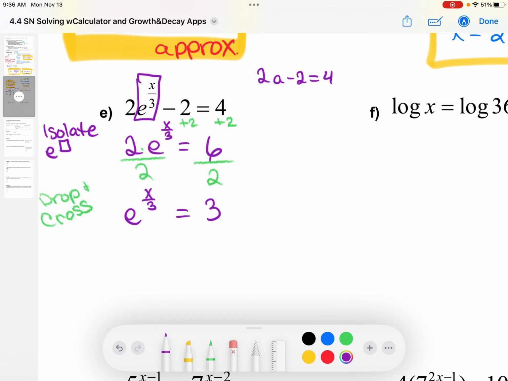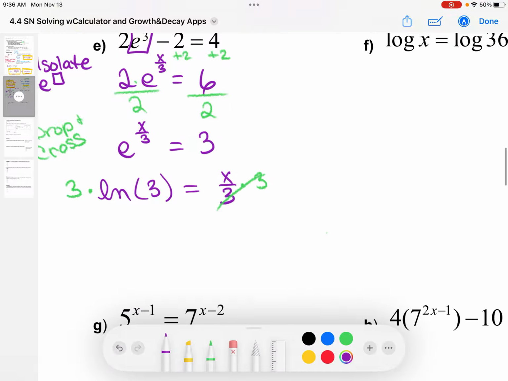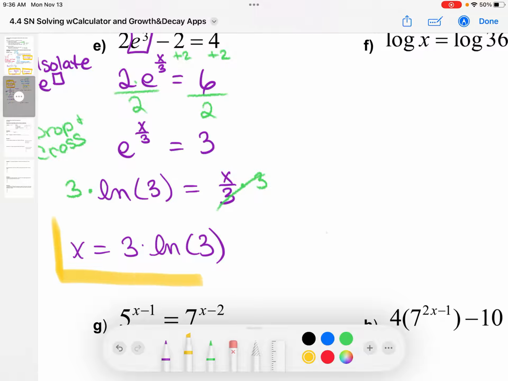Drop a base e. It's natural log of 3 equal to x over 3. That gets the x out of an exponent. x divided by 3, we solve by multiplying both sides by 3. So x is equal to 3 times natural log of 3. That would be an exact answer.